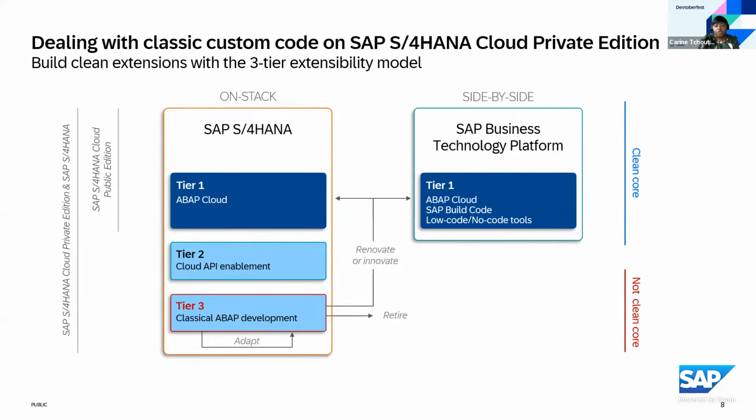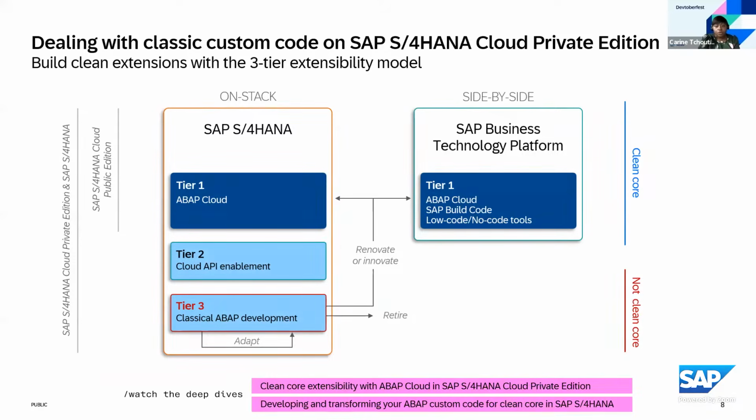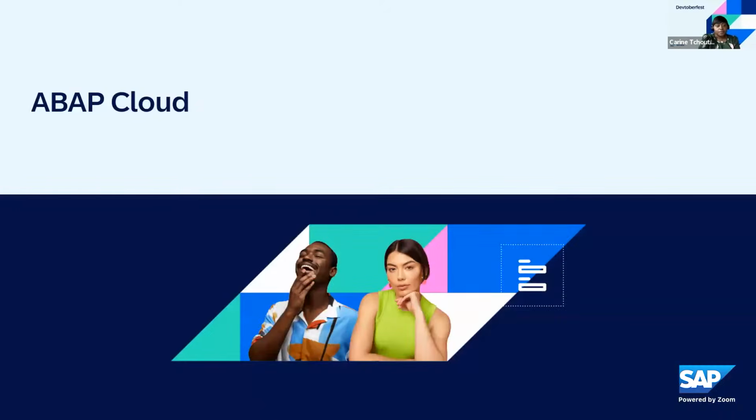So making your code cloud ready and improving the life cycle and upgrade stability for your custom code. We have some deep dive sessions on that at Devtoberfest, and we strongly recommend you have a look at that to really learn a lot on how to deal with your custom code and going in the direction of clean core.